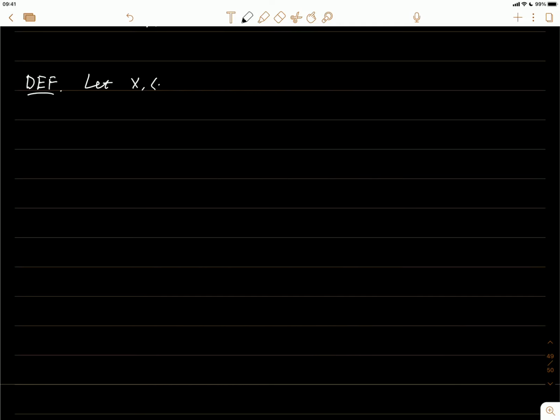Suppose we have X that is an inner product space, and S is a collection of vectors E alpha, where alpha is the index from the index set A. It didn't specify what this A is. It could be finite, it could be infinite, countable or uncountable.